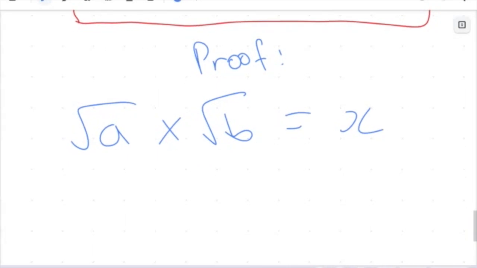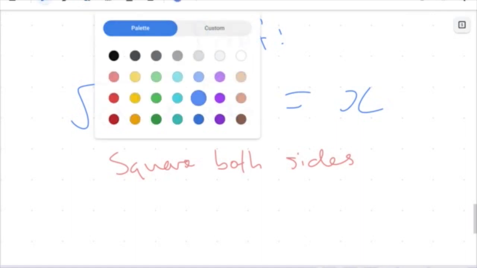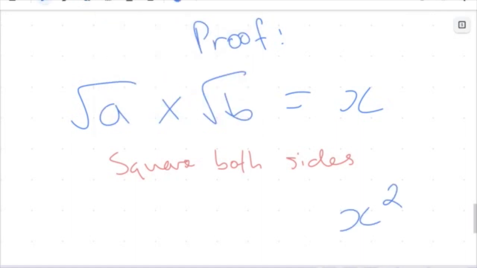Now, what would happen if we squared both sides? I'm going to wind up with x squared on this side, and then I'm going to square this entire expression.